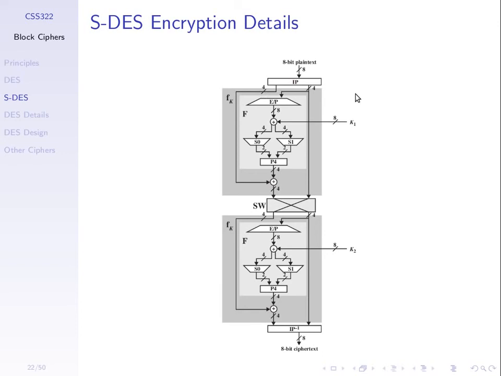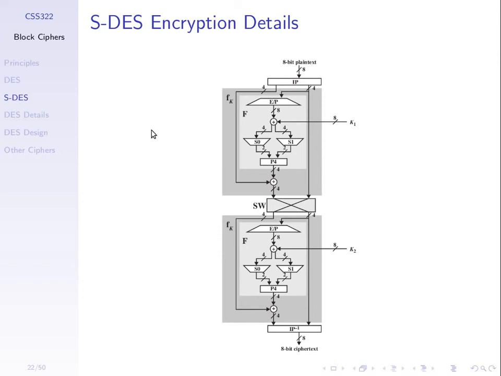The right half we're going to feed into this block here, denoted as F, uppercase F. The left half we'll return to later. We'll need it later. So the right half, the right 4 bits, we expand and permute, and then XOR with the key K1.